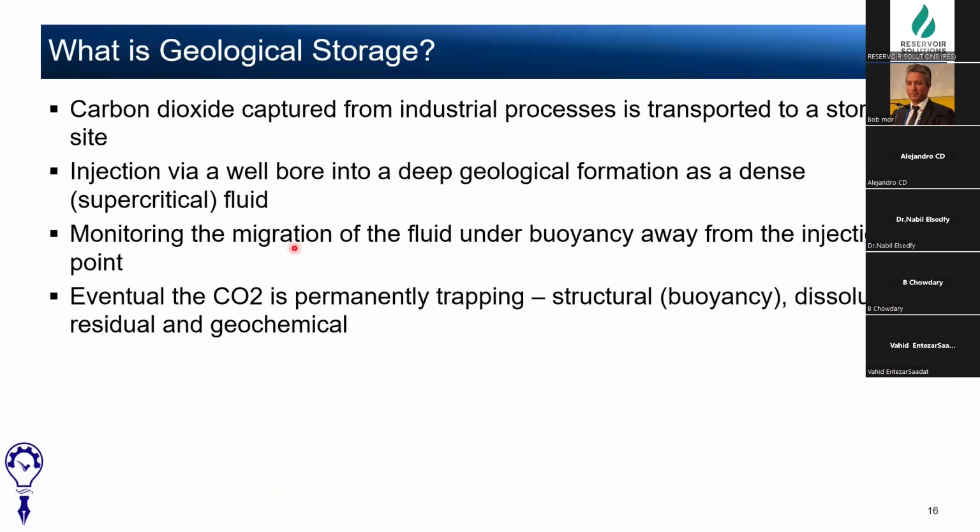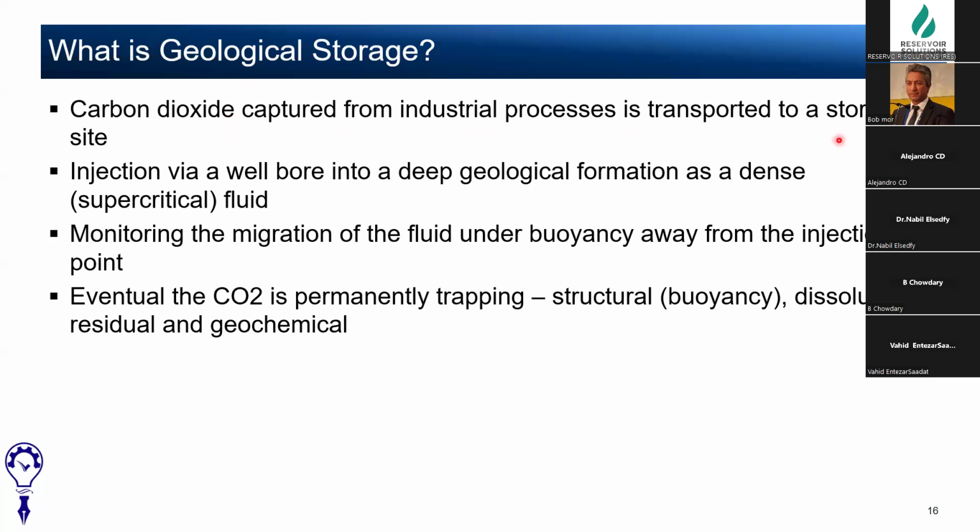What does geological storage mean? This is the first thing, and then we can find what the main types of geological storage options are. First, as I mentioned, geological storage means that carbon dioxide should be captured from industrial processes and transported to the storage site.